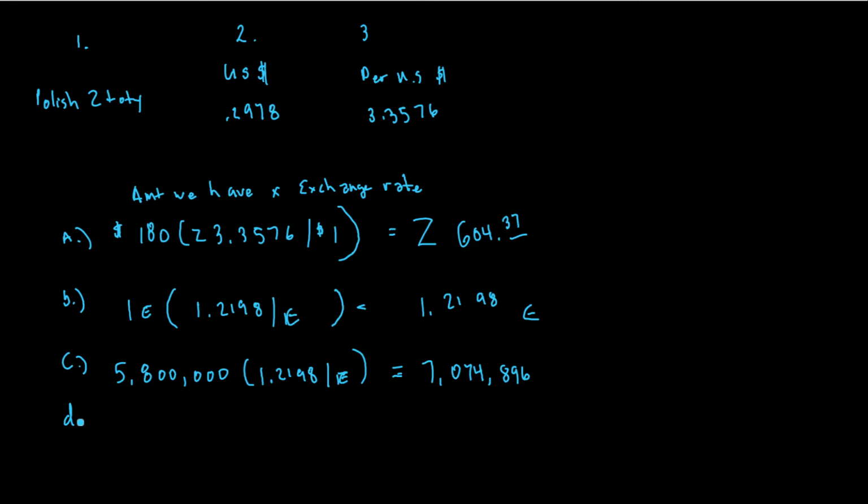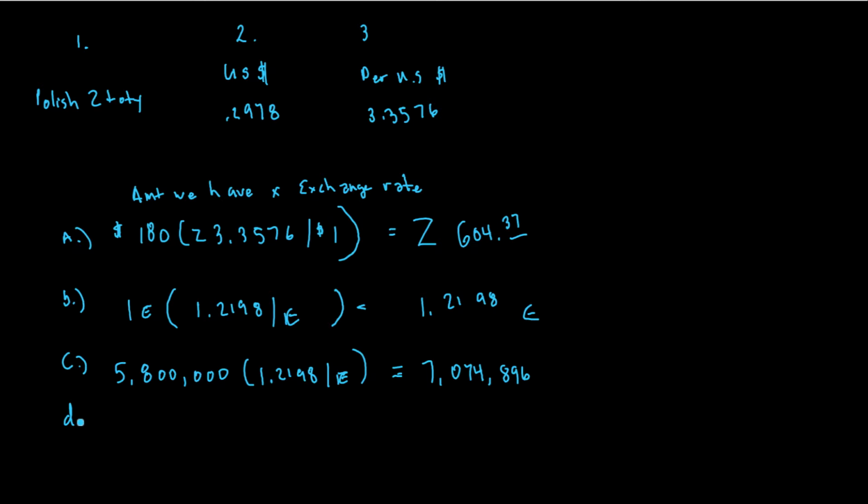Now D asks us, which is worth more, a New Zealand dollar or a Singapore dollar? If we look at the New Zealand dollar and compare it to the Singapore dollar, we want to see which one is worth more to the US dollar.